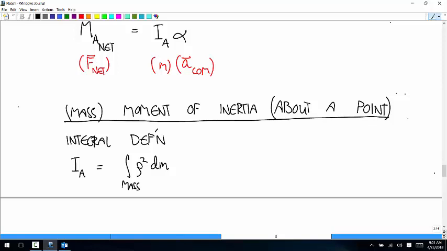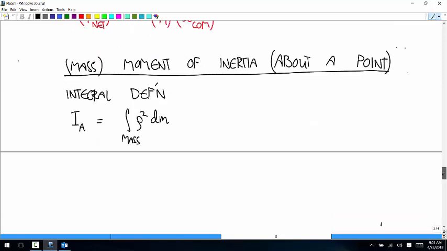But if you want to see sort of how it works, I think somebody asked a question about how you do an integral over mass, and I sort of did a derivation, but really you're just going to use these formulas. These formulas come from the integration.